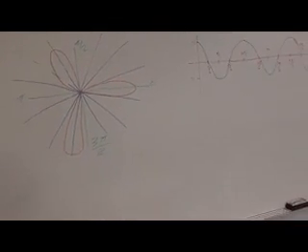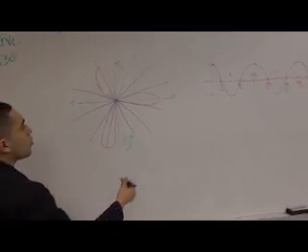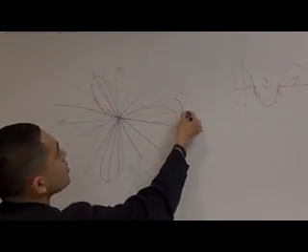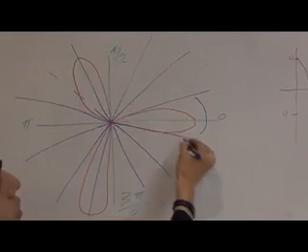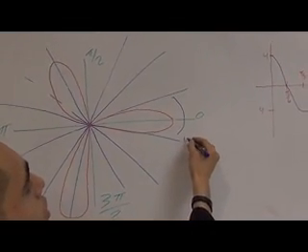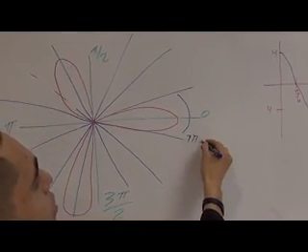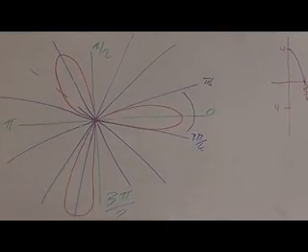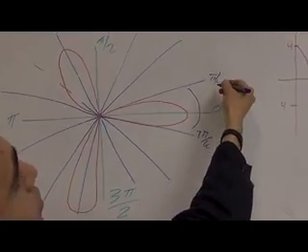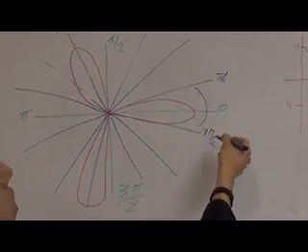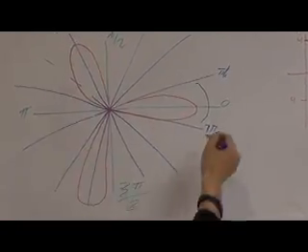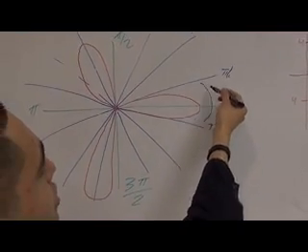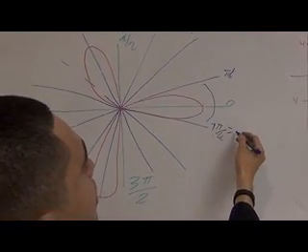So, from this, we just need to find one loop, which we'll just do this loop. And these angles are 7 pi over 6 and pi over 6. But if we say from pi over 6 to 7 pi over 6, it'll be this entire graph. But we just want this portion, so we have to change this angle.